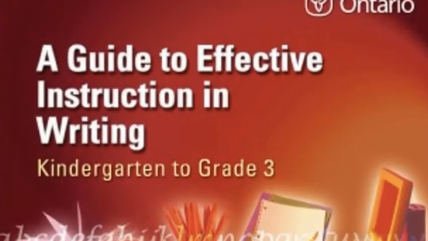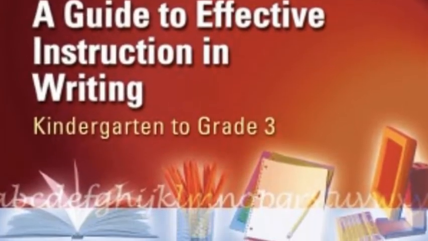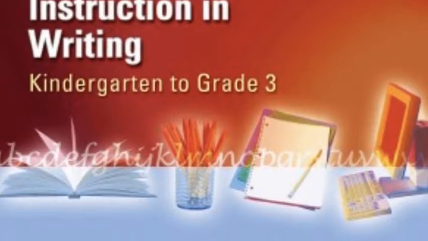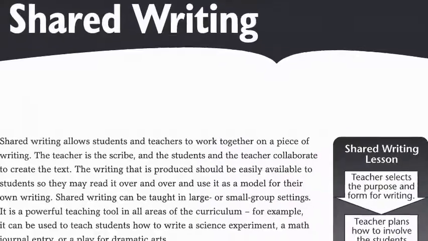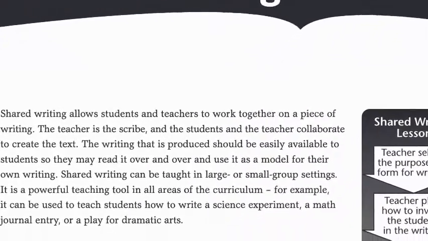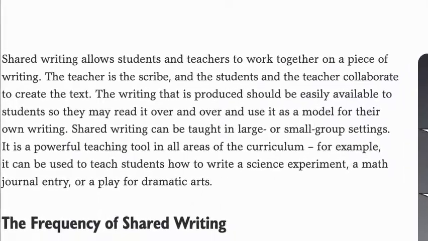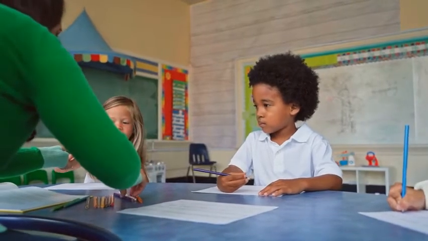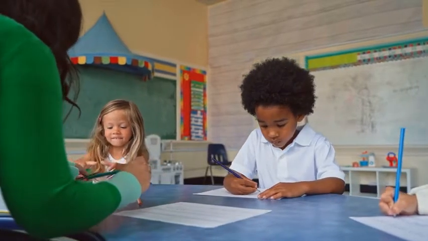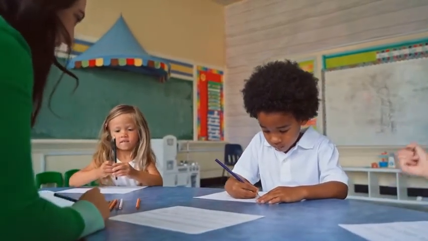In A Guide to Effective Instruction in Writing, Kindergarten to Grade 3, 2005, the Ontario Ministry of Education describes shared writing as allowing learners and educators to work together on a piece of writing. Here, the educator is the scribe and the learners and the educator collaborate to create the text.